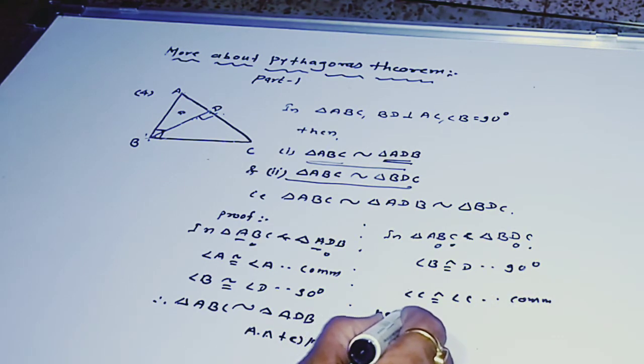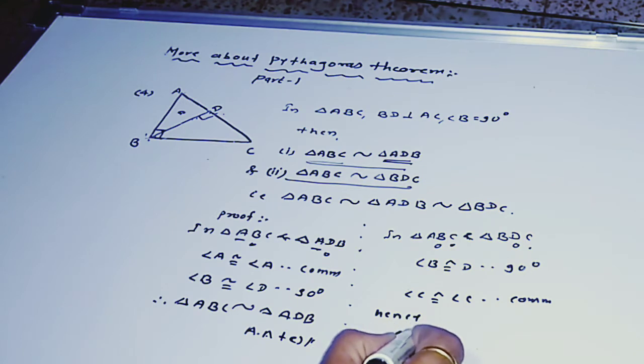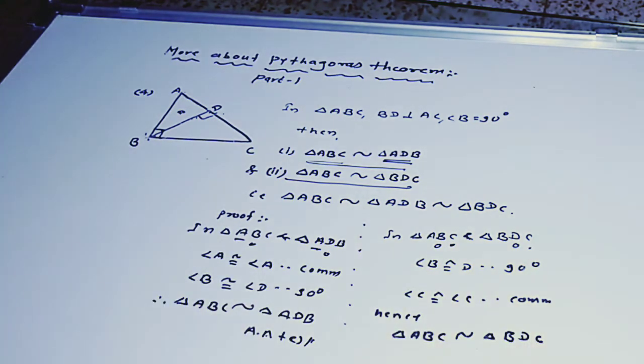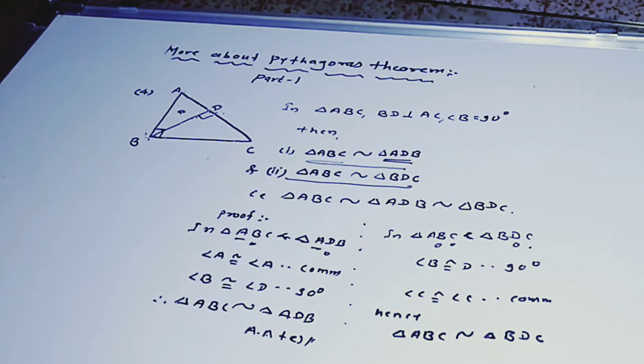Hence triangle ABC is similar to triangle BDC. Hence, in a right angle triangle, when the altitude is drawn to the hypotenuse, the triangles so formed on the opposite sides of the altitude are similar to the original triangle.